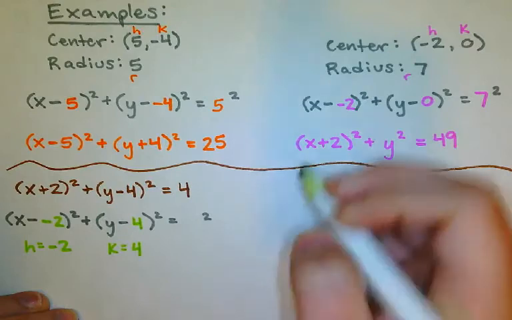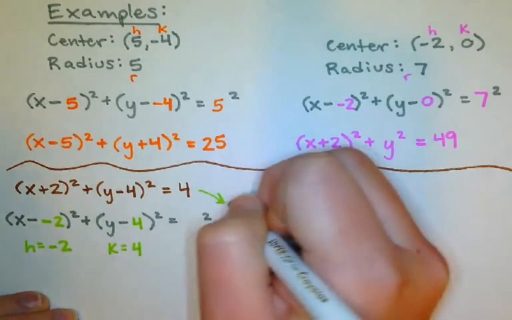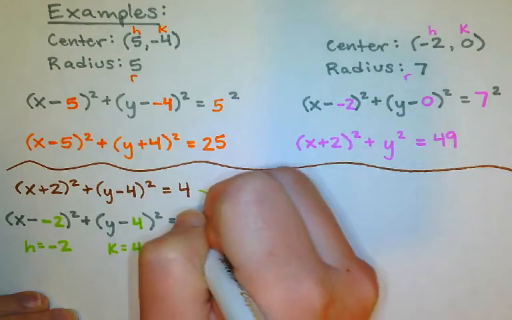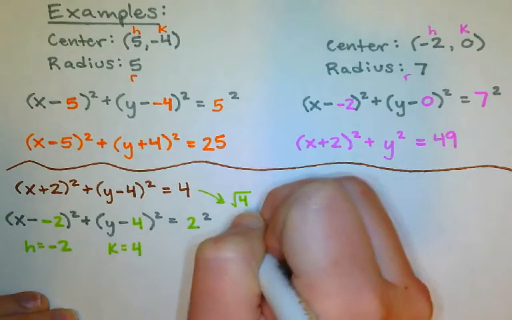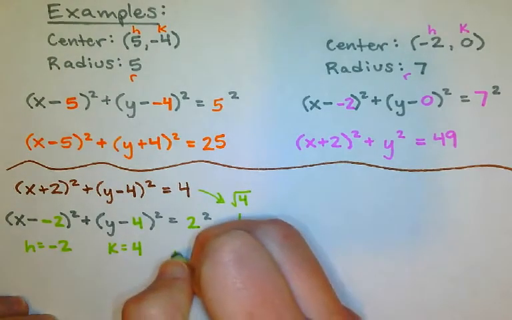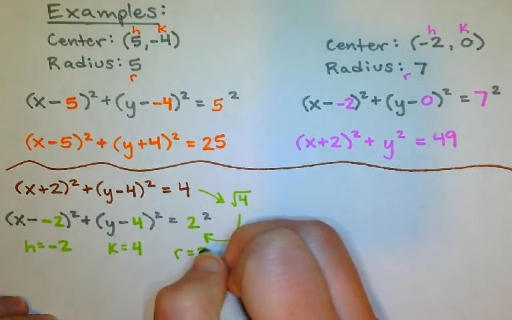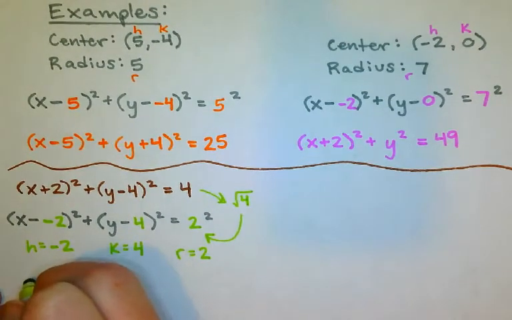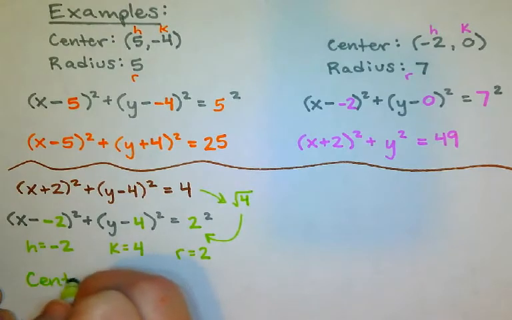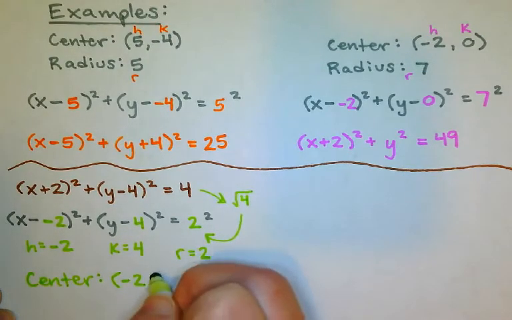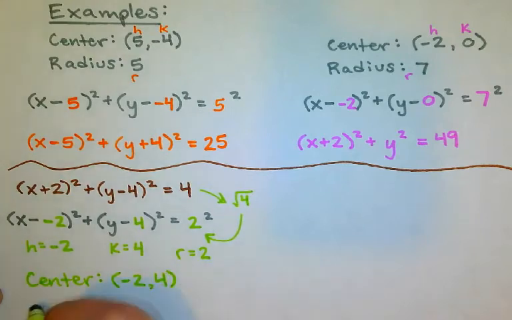Yeah, if we take the square root of 4, then we're going to get 2. Alright, so that means our radius is equal to 2. And there we go. Our center is at the point -2, 4, and our radius is 2 units.